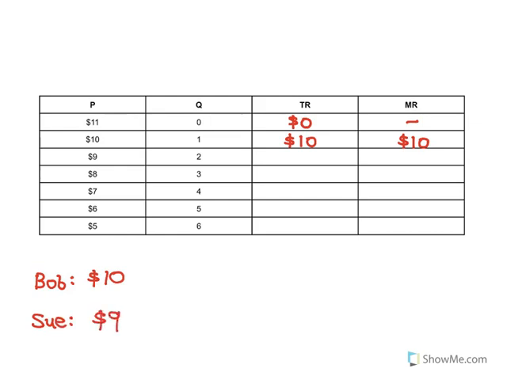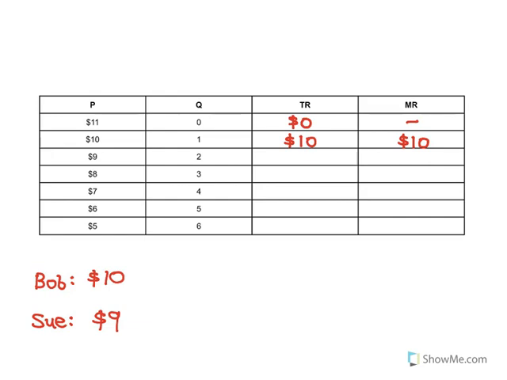Now, in a non-price discriminating monopoly, the monopolist would have had to charge both Bob and Sue $9 because that's the lowest price both of them are willing to pay, and you'd rather have $18 bringing in Sue and lowering the price on Bob than just charging for Bob and only getting $10 of revenue.